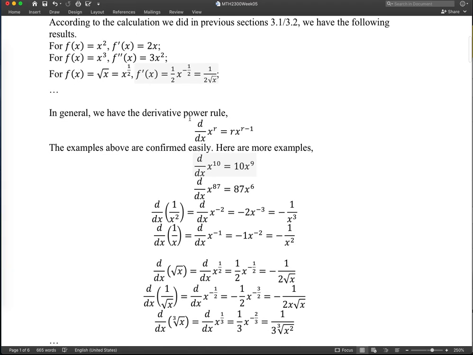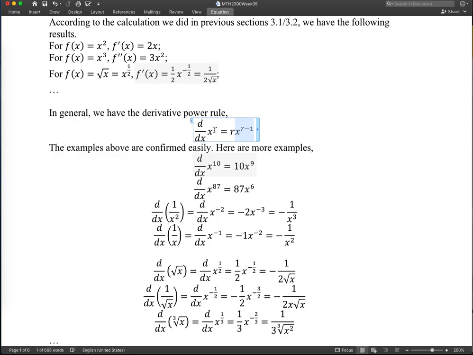So in general, this is the derivative power rule, which says the derivative for any power function in the form of x to the power of r can be found by taking down the power r as a coefficient for x, and at the same time decreasing the power r by 1. You bring down r as a coefficient for x, then decrease the power r by 1.